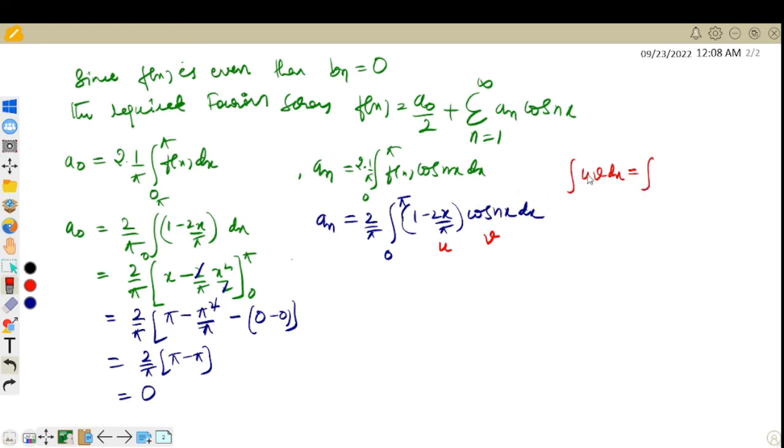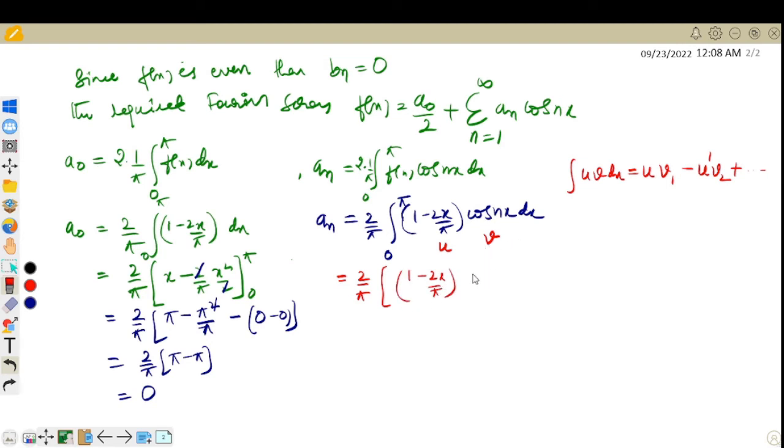Integration of the product of two functions by using Bernoulli's rule is: first function, integration of second function, minus differentiation of first function, double integration of second function, and so on. Look here, this is 2 by pi, keep it as it is. First function is 1 minus 2x by pi.